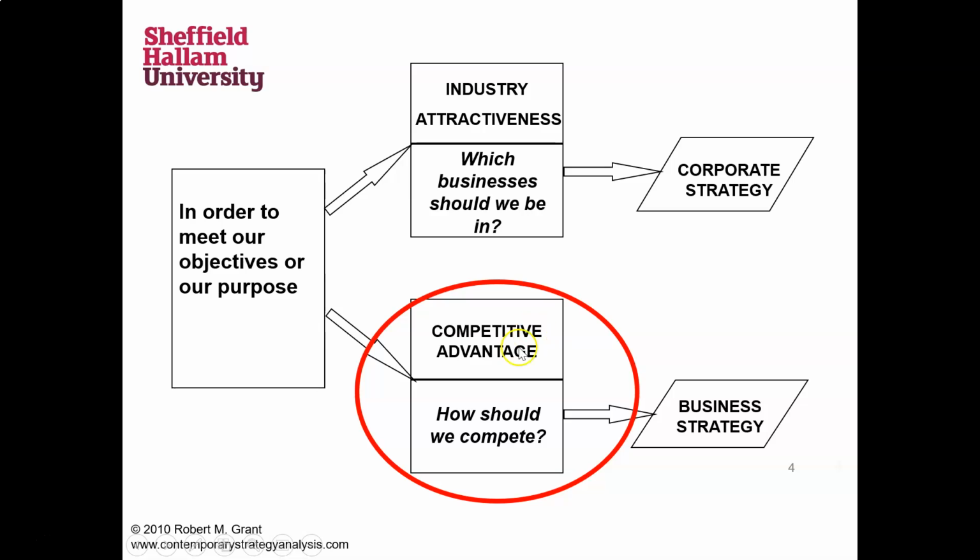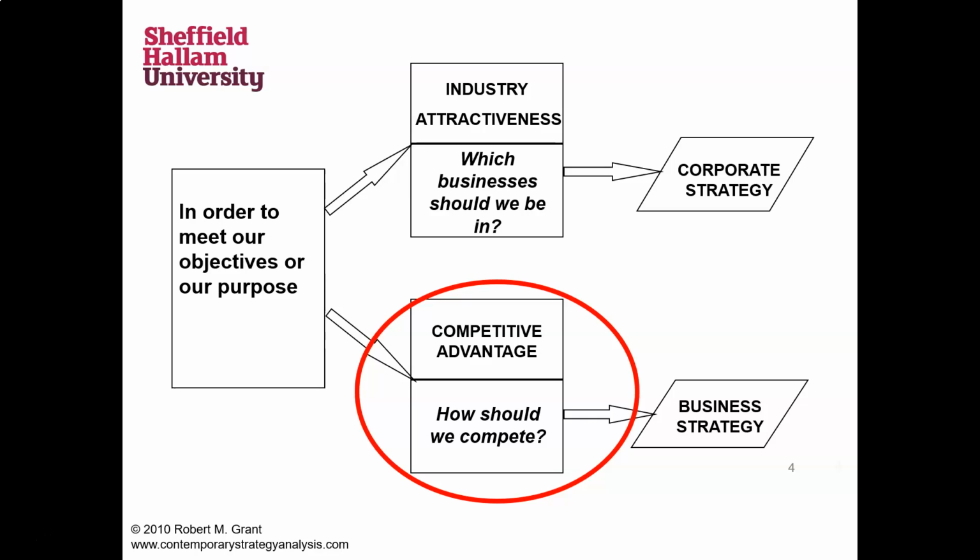Now, if we say that competitive advantage is about an internally focused approach to strategy, or a resource-based view of strategy, which is about how do we improve internally so we can compete better, industry attractiveness suggests that you look outside your organisation to identify new business opportunities. So this is more of an externally focused approach to strategy. And in reality, organisations do a bit of both.